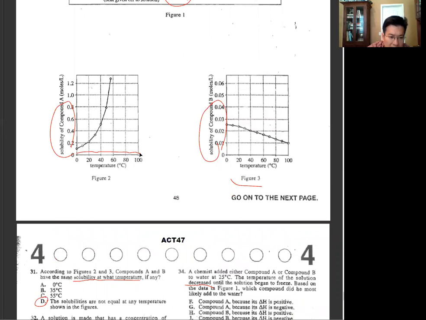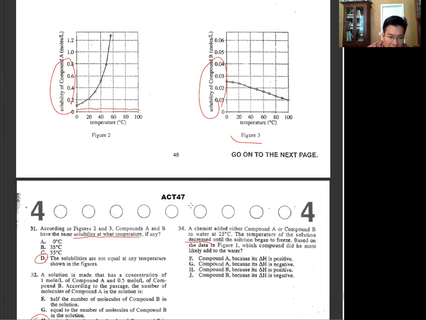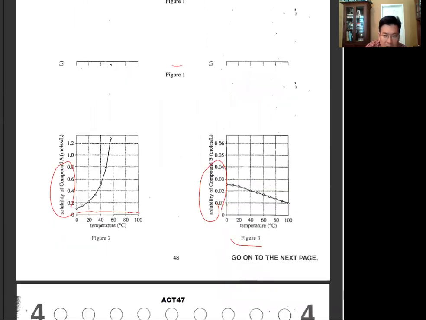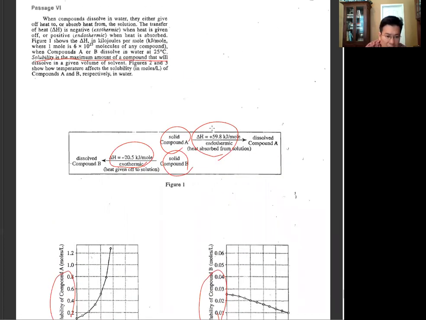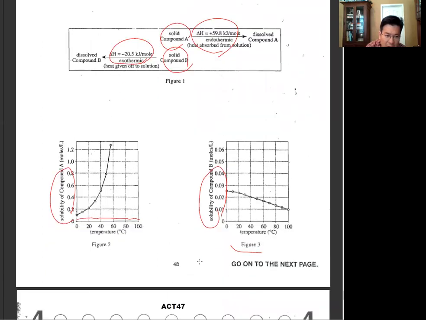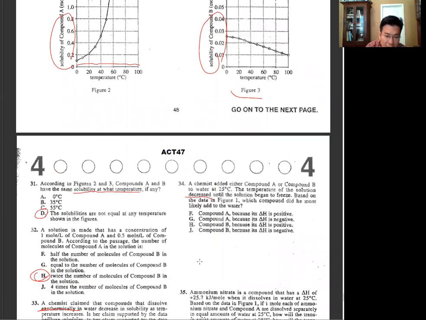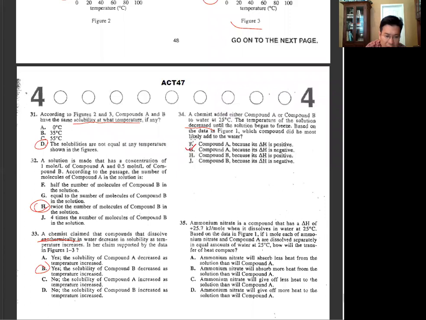That's like the A. If it is hotter, decrease more. So then supposedly compound A at the same temperature is not going to dissolve as much, right? And then delta H, delta means difference. Difference in heat is positive, yes. That's why if heat is the same, then it decreases. That's why it's F.